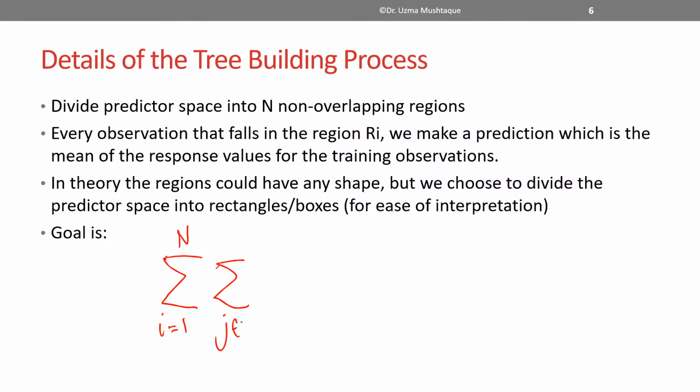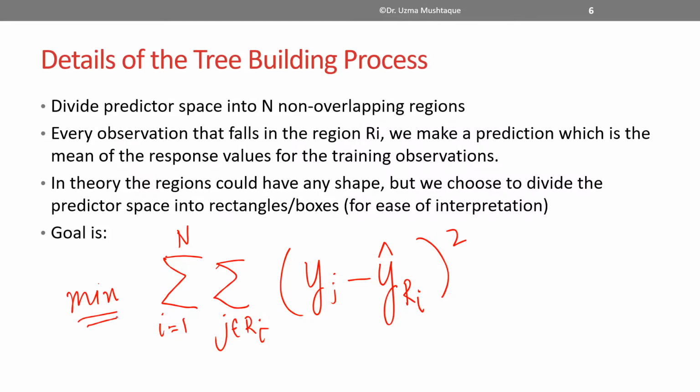For every observation in a given region, I should be minimizing the actual value minus the calculated mean for that particular region, and I have to minimize this. That's my goal in this algorithm for every region.